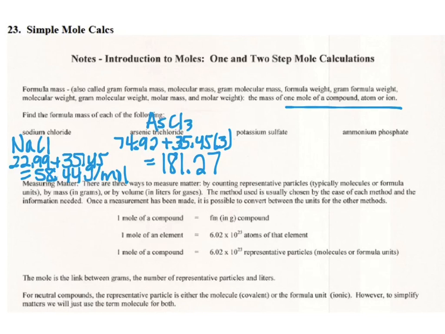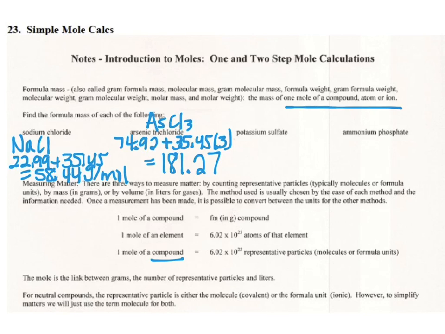Measurements of matter can be measured in 3 different ways. You can do it in moles of a compound, and that's going to be equal to your formula mass in grams of the compound. The mole of an element is equal to 6.02 times 10 to the 23 atoms of that element, or the mole of a compound is also represented by 6.02 times 10 to the 23 particles or atoms of that compound.